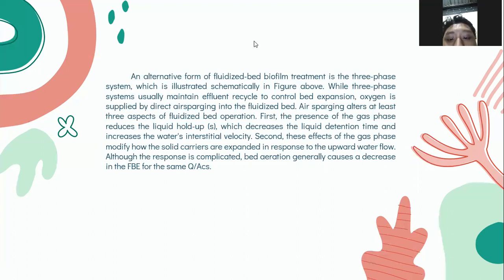First, the presence of the gas phase reduces the liquid holdup, which decreases the liquid detention time and increases the water interstitial velocity. Second, the gas phase modifies how the solid carriers are expanded in response to the upward water flow. Although the response is complicated, aeration generally causes a decrease in the bed expansion for the same flow. Next.